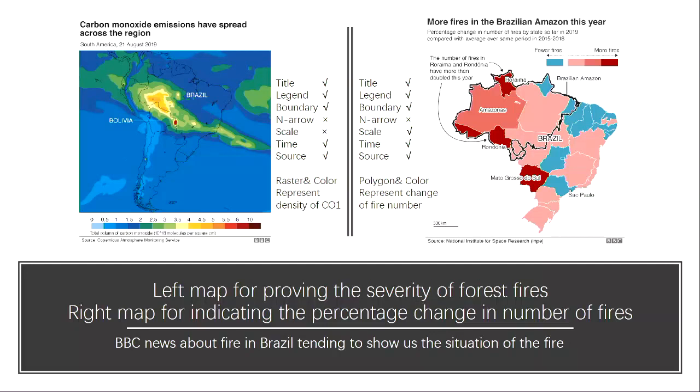The carbon monoxide is so strong. But on the other hand, it pointed out this: in 2019, we had a greater number of fires than other years. So actually, that's what the BBC News wants to say. The president maybe has some problem, corrupt, something like this. Okay, thank you. That's my answer. Thank you.